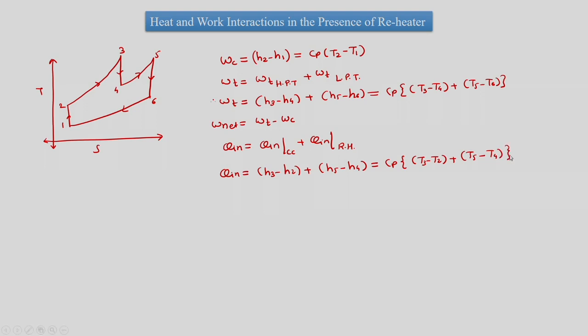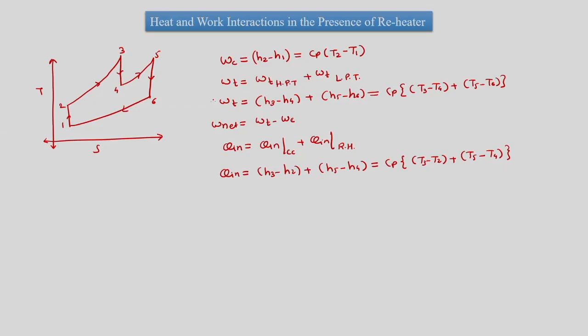Here, since heat addition and net work both get altered due to the reheater, we cannot make a generalized comment at this stage about the increment or decrement in either. But it is sure that W net would increase in the presence of reheater, since the two turbines are added and then they are going to give us more net work.